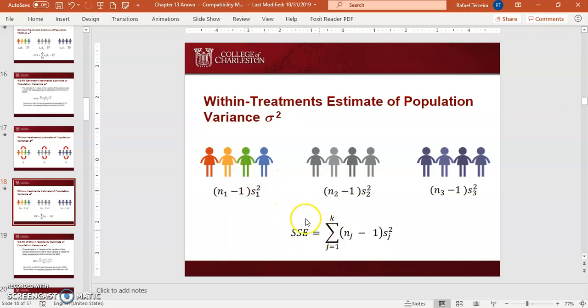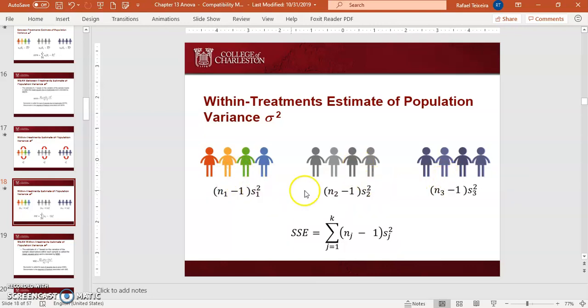This is the sum of squared error, called error because we have some variability within the same group that is natural variance, and we cannot control that.